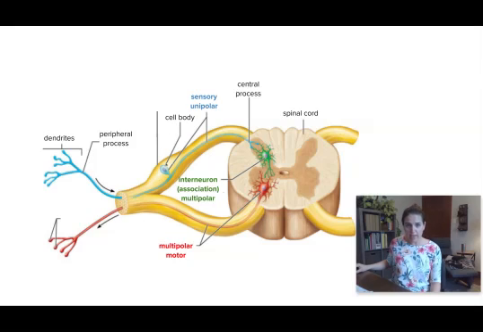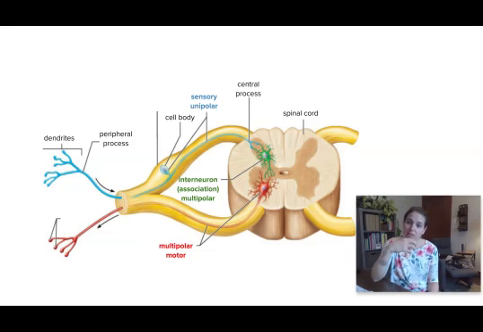Now, as I mentioned, the cell body is right here in the middle. If you look at the motor neuron, its cell body is found inside the spinal cord. The cell body of this unipolar neuron is unique because it's not found in the spinal cord. Most of the other neuron cell bodies are. That's where the nucleus and main parts of the cell are.